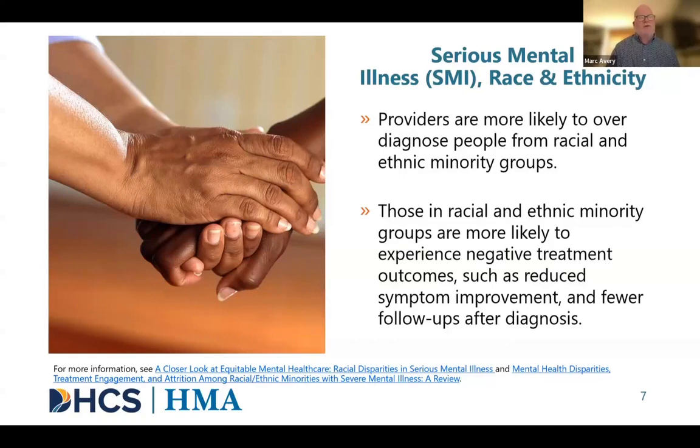That's especially true with Black Americans. Also, those in racial and ethnic minority groups are more likely to experience negative treatment outcomes, such as reduced symptom improvement, and may experience fewer follow-ups after diagnosis.